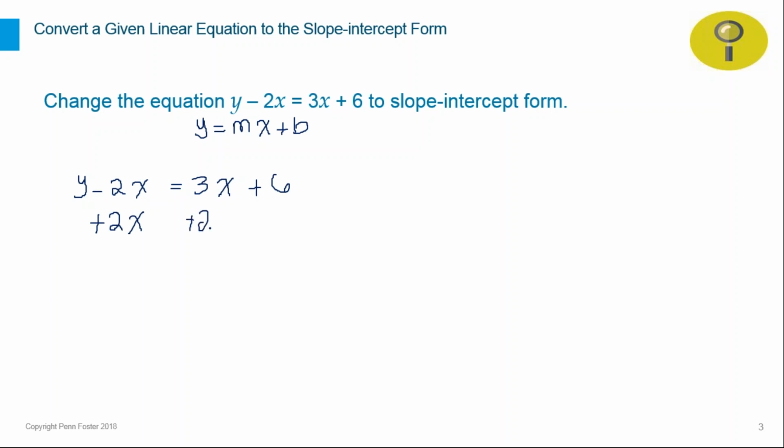So plus 2x, and then y, that is gone, it's a 0, equals 3x plus 2x, which gives you 5x, and then plus 6. If you compare this equation to the goal equation, the slope-intercept form, you'll find that we did change the given equation to the slope-intercept form equation of the line.